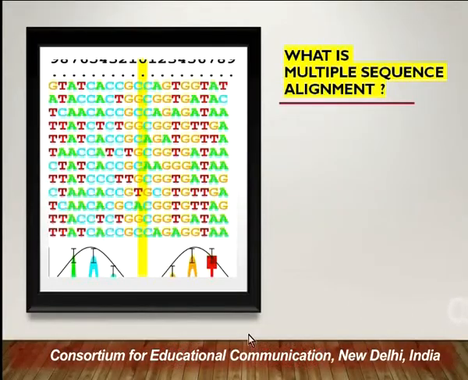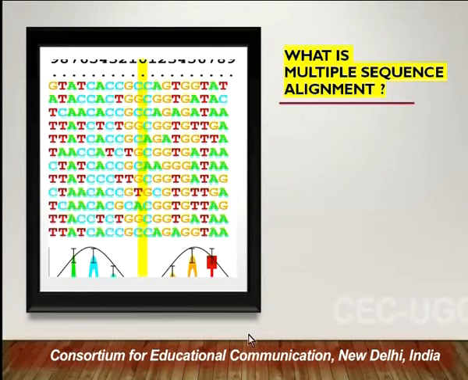Multiple sequence alignment is when we are trying to align more than two sequences, meaning we have 3 or many sequences, and it becomes quite a complex process. We would use all the concepts of sequence alignment, but here we are using many sequences.